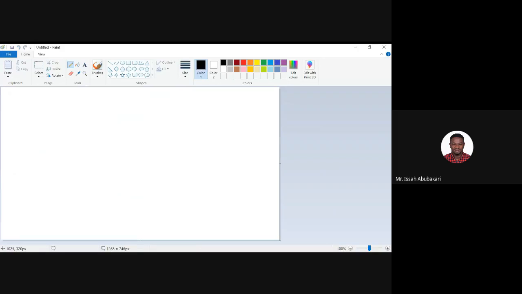Okay. Now let's see this example. We have these two equations: 2x plus 5y equals 10, and 3x plus 4y equals 24. Please forgive me for the handwriting, I know it's not looking good.